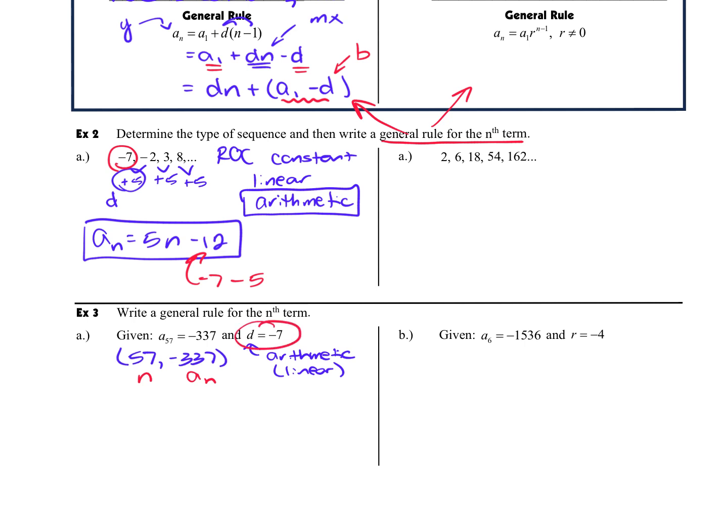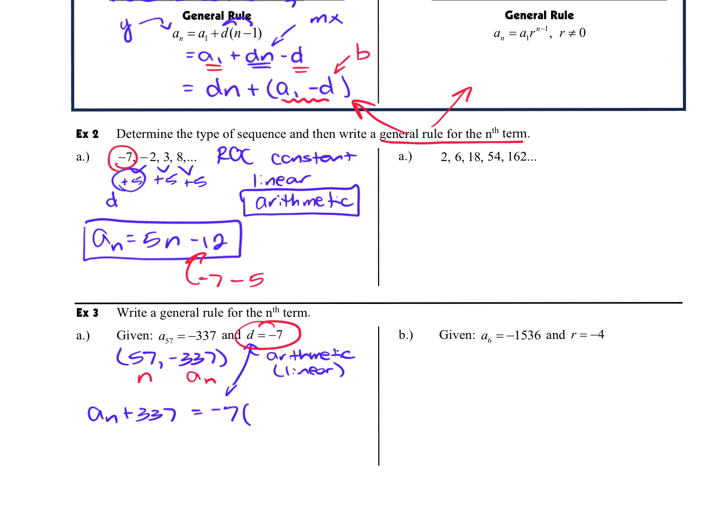we can still go back to our good old point slope form. So instead of having to worry about this formula up here, we can use our point slope form from our just algebra days instead. So instead of saying y minus y, we're going to say a sub n minus that -337 or plus 337. And then I'm going to take my difference, that was my good old slope, -7.